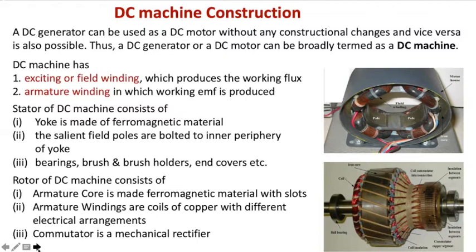You can see on the rotor's picture that we have got the armature core on which the slots are made, where the windings are inserted, and those windings are connected to the commutator segments, and these commutator segments are mounted on the shaft itself, and we have got the bearings at the two ends of the rotor.